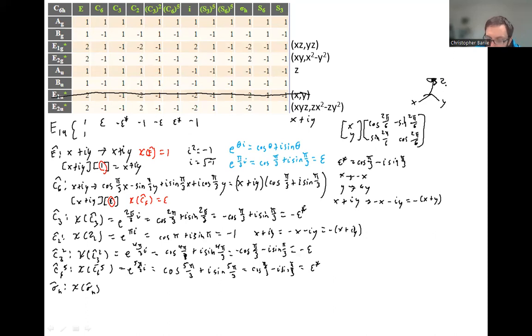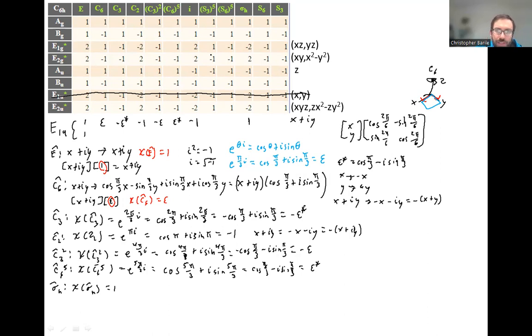This is our principal rotation axis, our C6. And so if we have an x vector or a y vector that we're thinking about, and we have a horizontal mirror plane sigma h, we've done this many times, x goes to x and y goes to y. So this is just going to be like identity. So the character is going to be equal to 1. x plus iy is going to go to x plus iy. So let's put a 1 there.